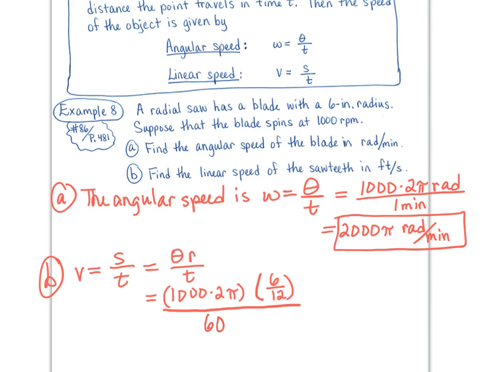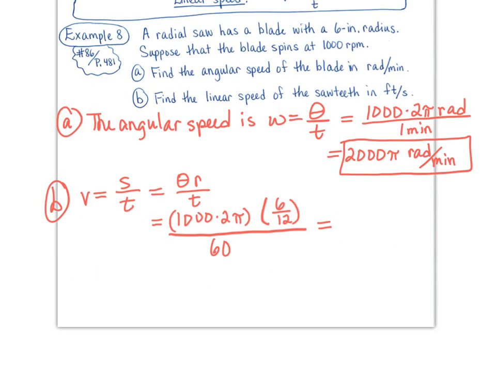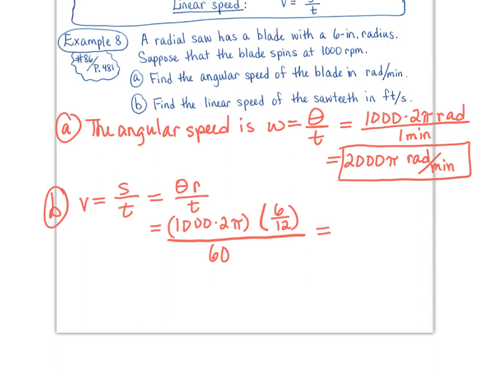Then you simplify and, as a fraction, you will have 50 pi over 3 feet per second, or as you said, 52.4 feet per second. What questions do you have?